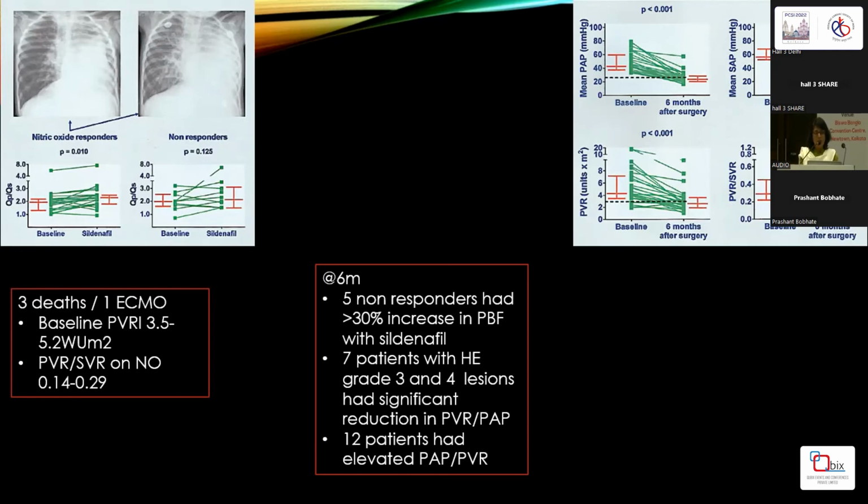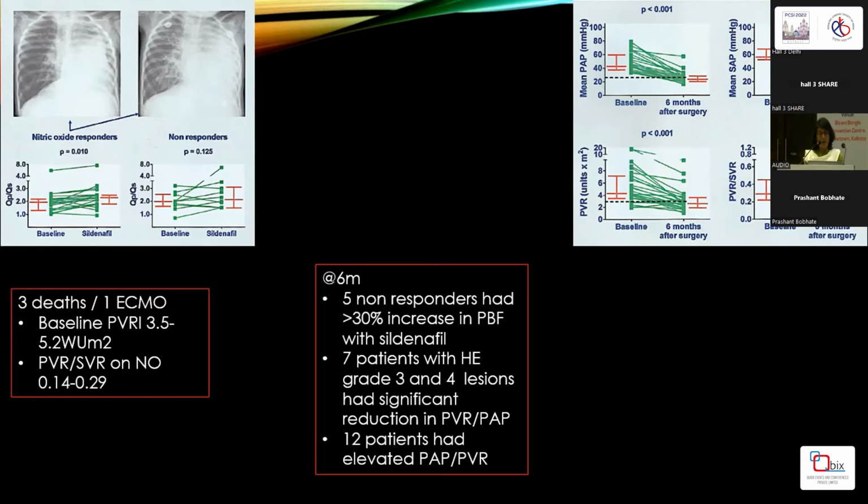Now, at 6 months, these patients who had undergone surgery and survived, that is 27 of them, they recatheterized all of them to see what their PA pressures were now and what their PVR-SVR ratio was.